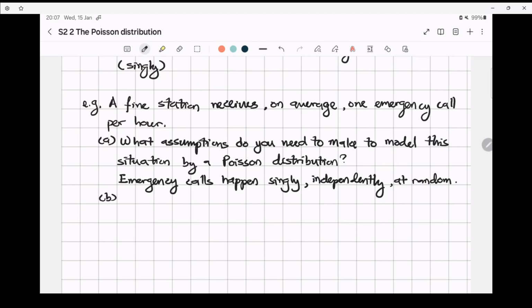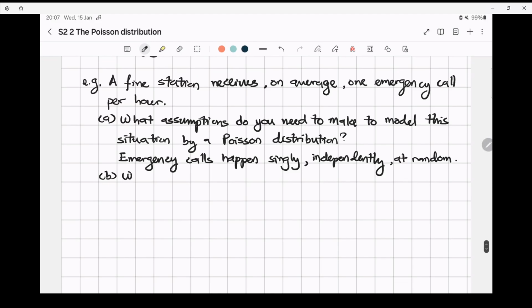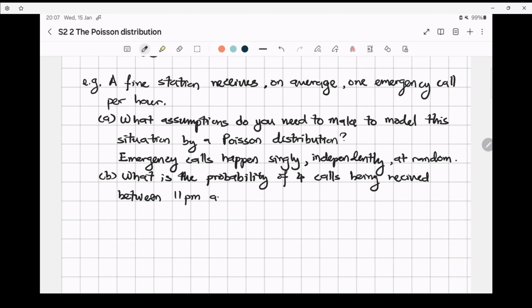So let's say you can model this as a Poisson distribution. What is the probability of 4 calls being received between 11 p.m. and midnight? Between 11 p.m. to midnight would be 1 hour.